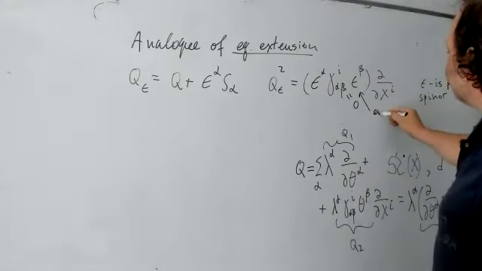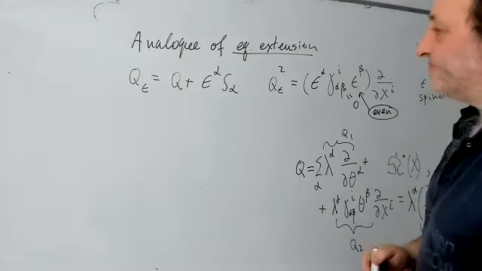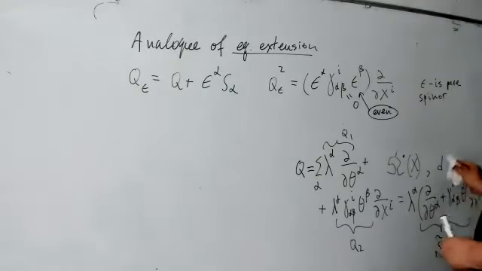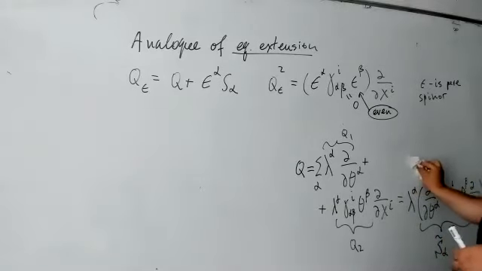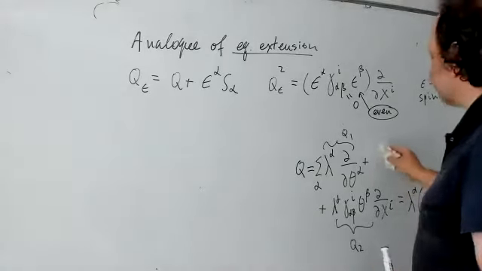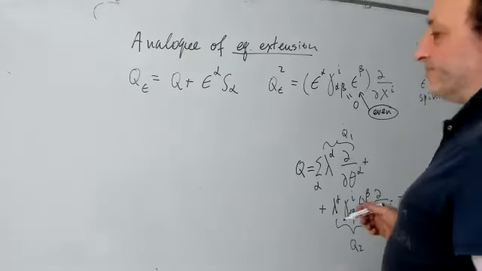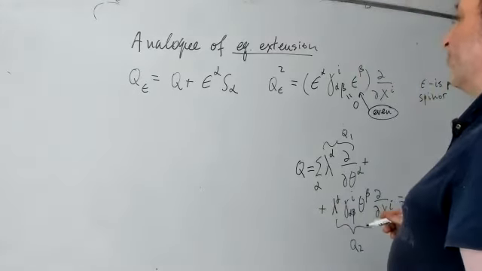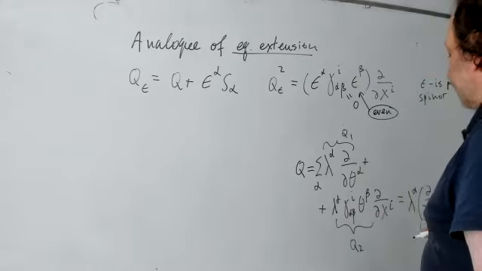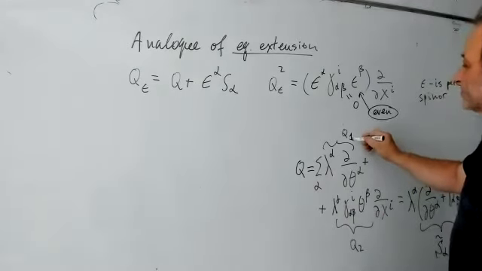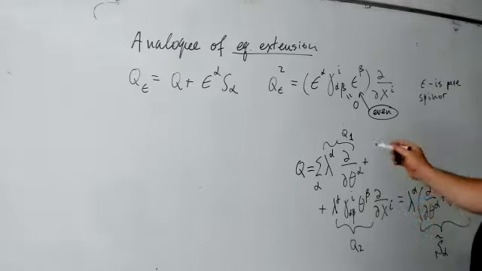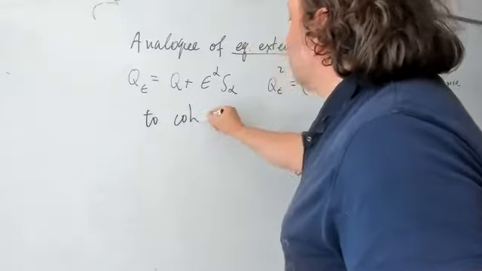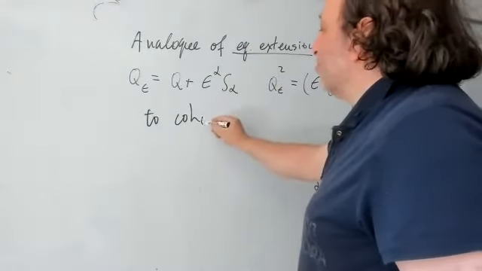Epsilon is even. So we would like to go, in order to understand the system, it's good to go to cohomology.